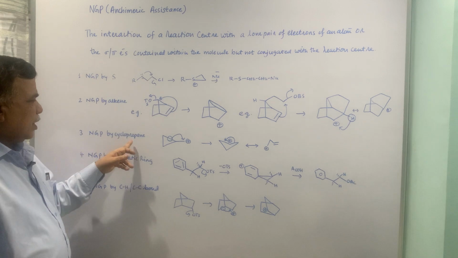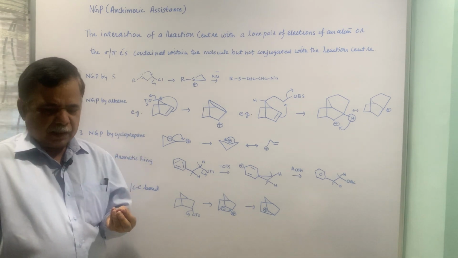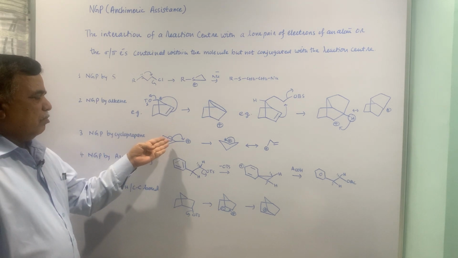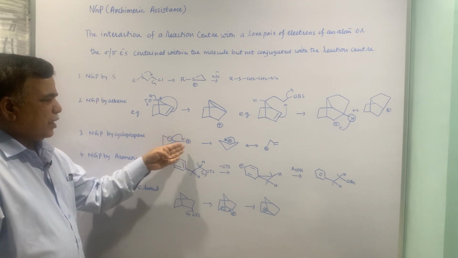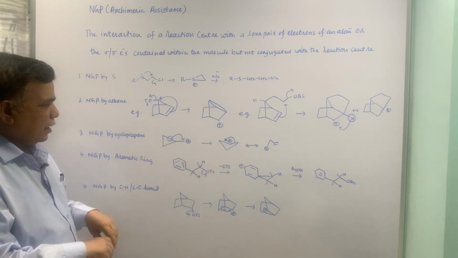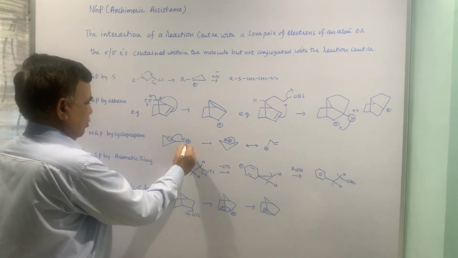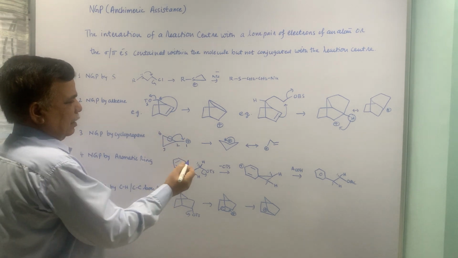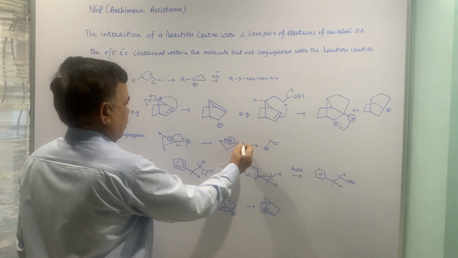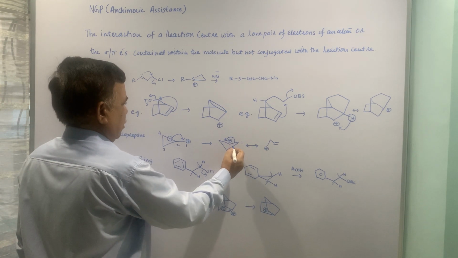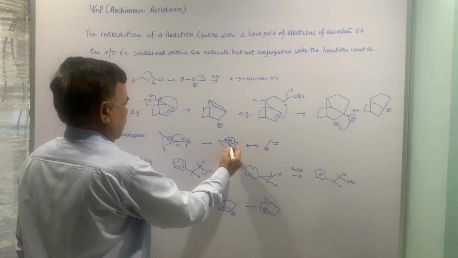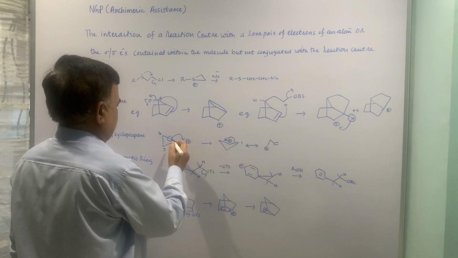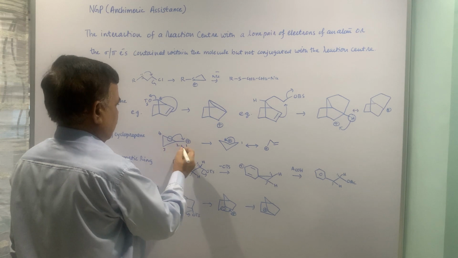Neighboring group participation by cyclopropane. Now, the cyclopropane ring is similar to a double bond. Just like a double bond, this participates. I'll just number the atoms 1, 2, 3, 4. So 4 atoms are there. Now here 1, 2 will turn positive, and then 3 and 4 are already joined.